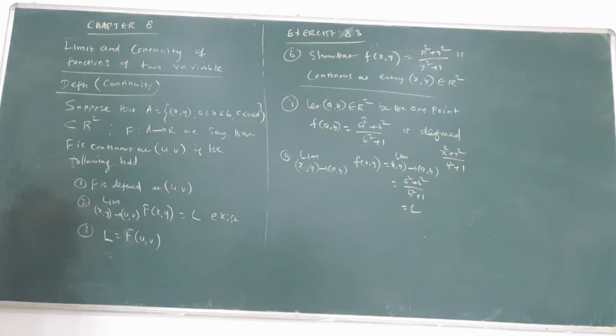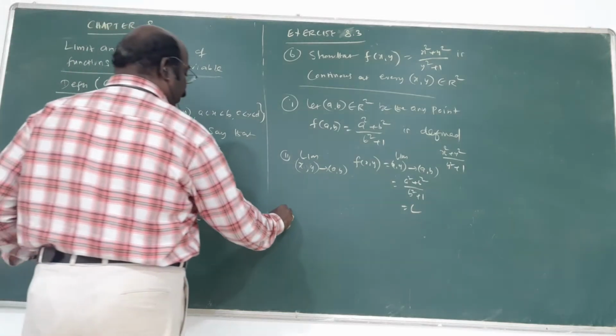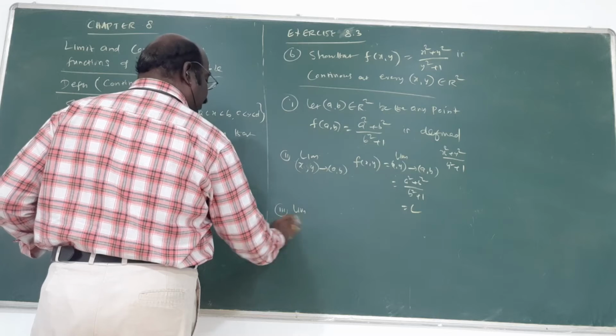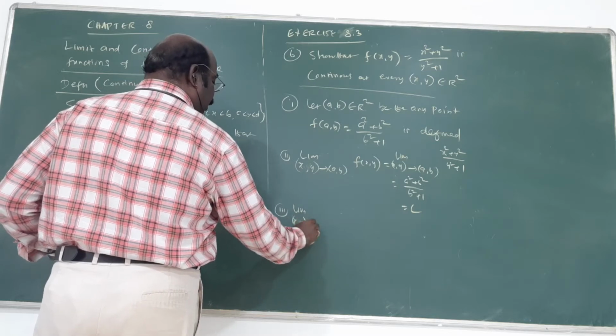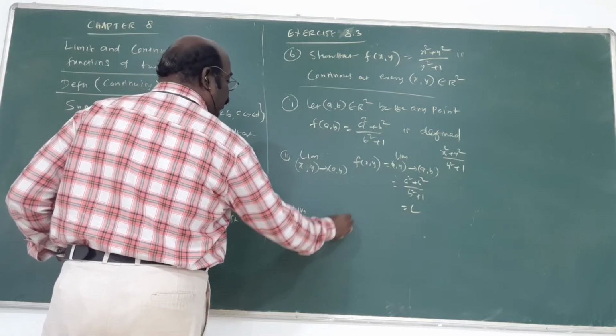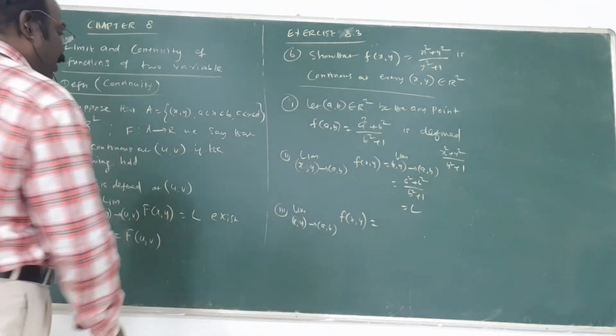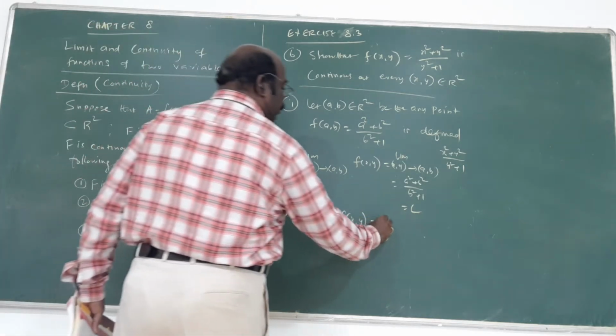Am I right? The third one is to apply the limit. Again the same thing. Limit (x, y) tends to (a, b) of f(x, y) equal to, substitute here.